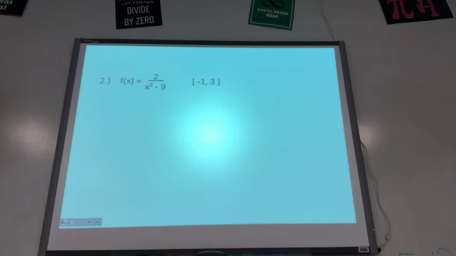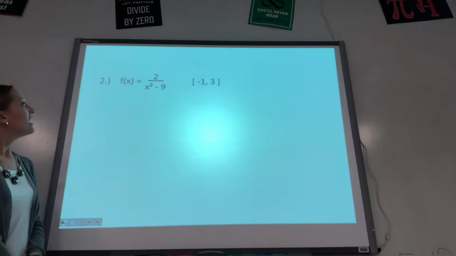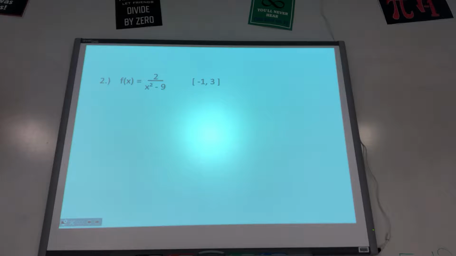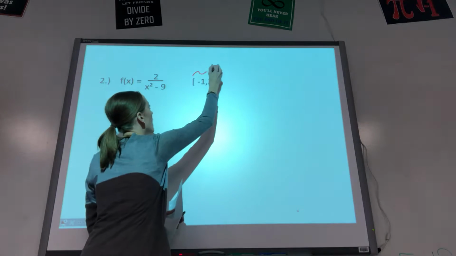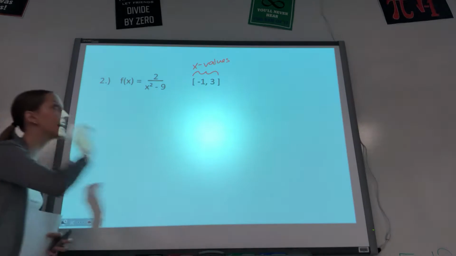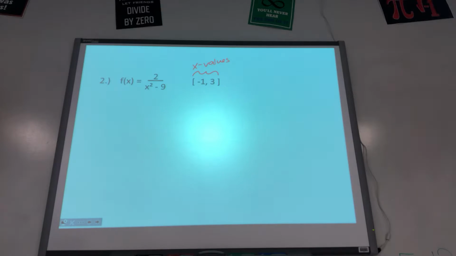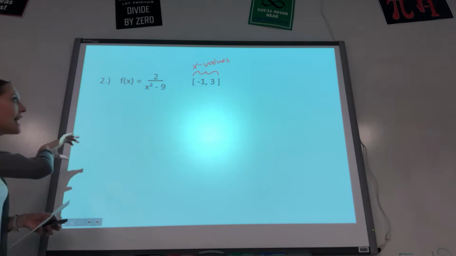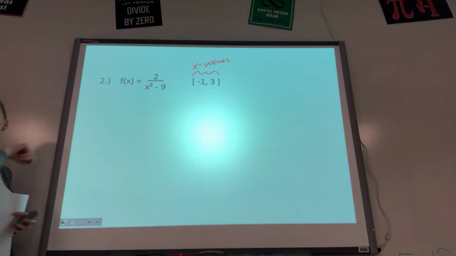If you look at example 2, it says f of x equals 2 over x squared minus 9. And I'm only looking, again, these are x values, I'm only looking between -1 and +3 and equal to -1 and +3.